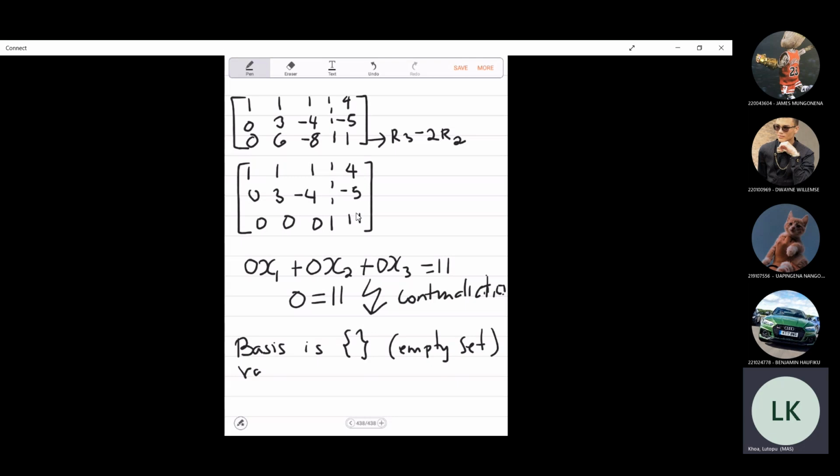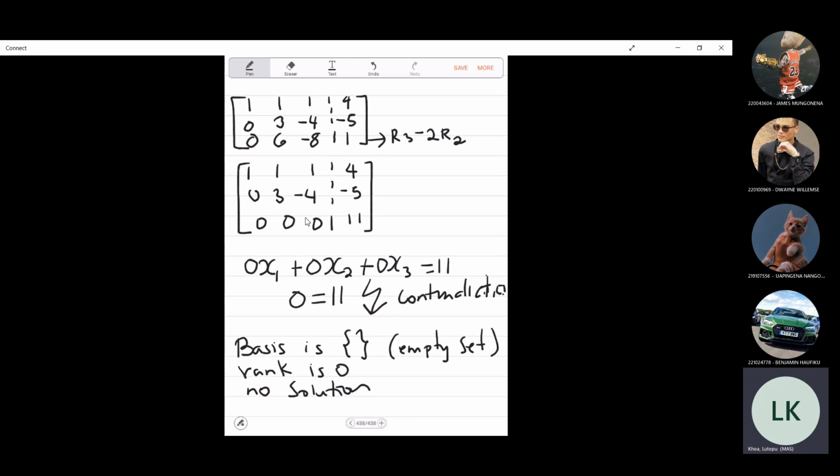And the rank of this matrix is 0, and it has no solution. Okay, so if I got a 0 over here, that's different, because if I have 0x1, 0x2, 0x3 equal to 0, that makes sense, because the left-hand side is 0 and the right-hand side is 0. But here on the left-hand side I have 0, and on the right-hand side I have 11.